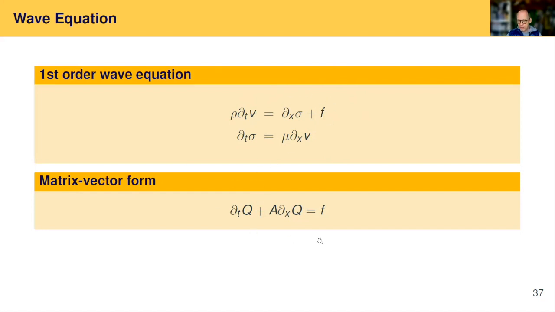And in matrix vector form, we write it like this: the first time derivative of Q, which is a vector in V and sigma, plus matrix A and the space derivative of the solution vector. This is just another way of writing this equation with the appropriate definitions for Q and A.